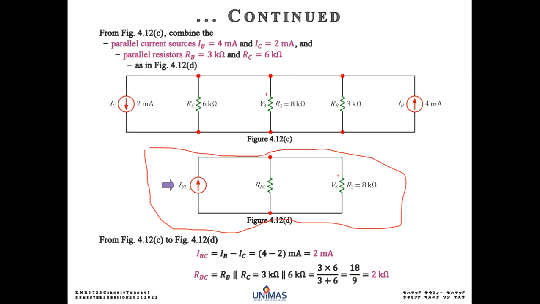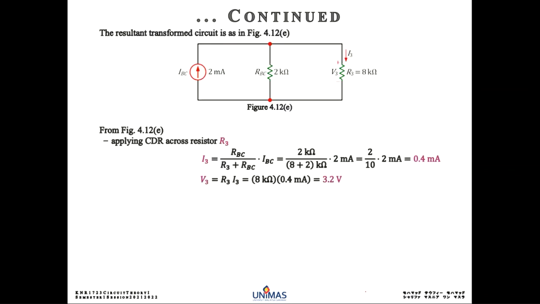IBC is the resultant of the combination of the two sources initially, which is the IS dengan VS, and then RBC is the combination of all the resistance, and now you can find the V3 easily by finding the currents here using CDR, and then you can find the current I3 using CDR, and then you apply the voltage. So very simple.